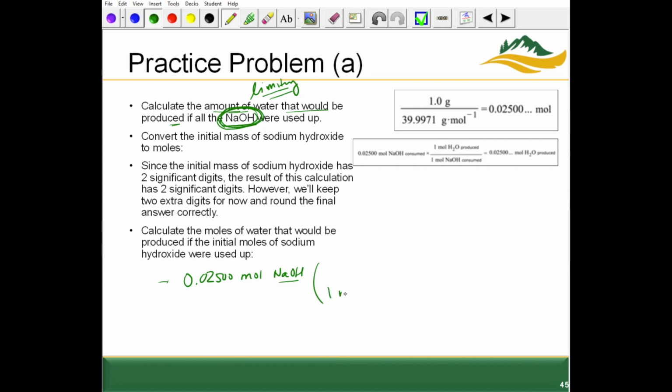So now we can use this conversion factor in our problem. For every 1 mole of NaOH, 1 mole of water will be produced. That means we'll have 0.02500 moles of H2O that are produced. That's if all of the sodium hydroxide were used up because it's our limiting reactant here.